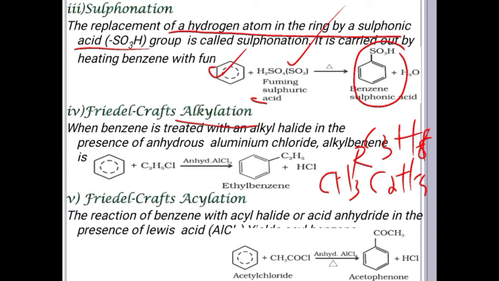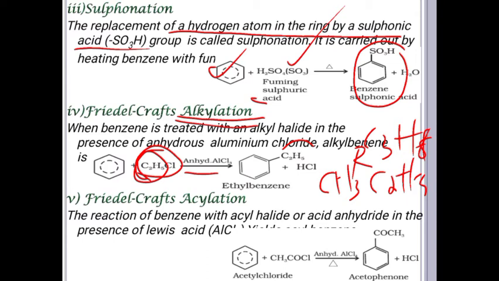So, benzene is treated with an alkyl halide in the presence of anhydrous aluminum chloride, we will get alkyl benzene. So, from this halide, this alkyl group will add to the benzene. So, we are adding an alkyl group. So, that's why it is known as alkylation. It was identified by the scientists Friedel and Crafts. That's why it is known as Friedel-Crafts alkylation.